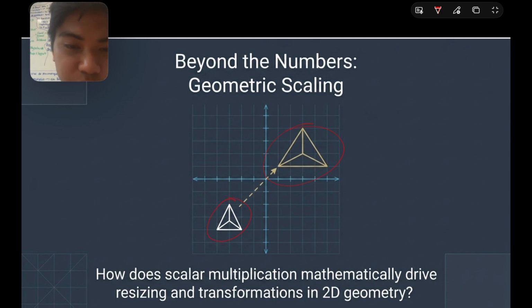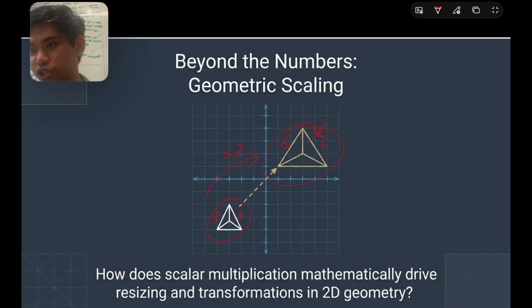So for example, this side might be 3 units long, but this side might be 6 units long, and so the scalar quantity is times by 2, and that's the same for every length and every side on the structure as well. Okay, so if for example this one was 3, then that means this has to be 6 as well. This can't be 7, okay, because when we're scaling something by a single number, we're not changing the structure, just the size of our matrix.